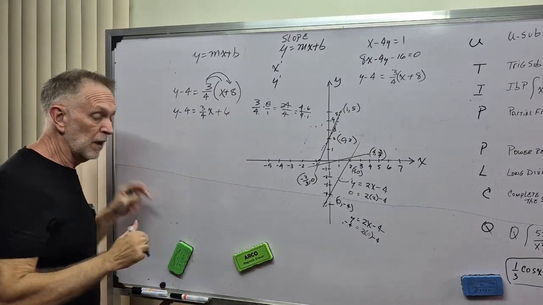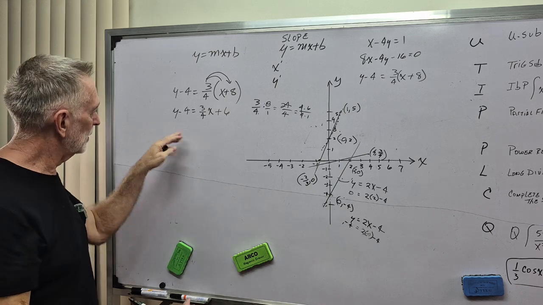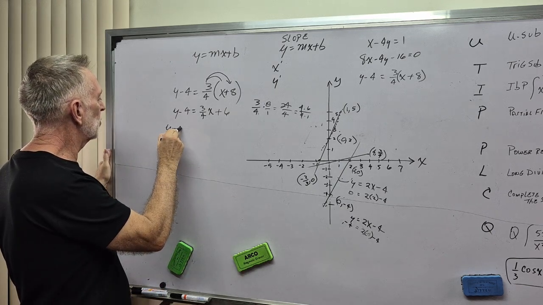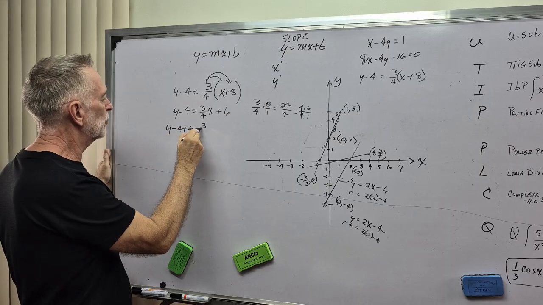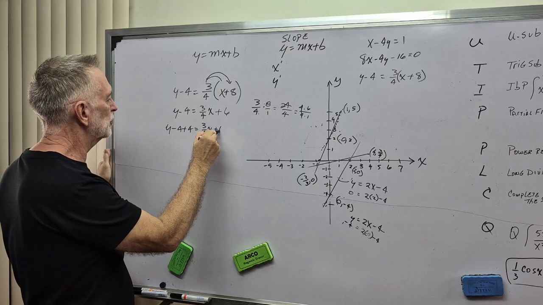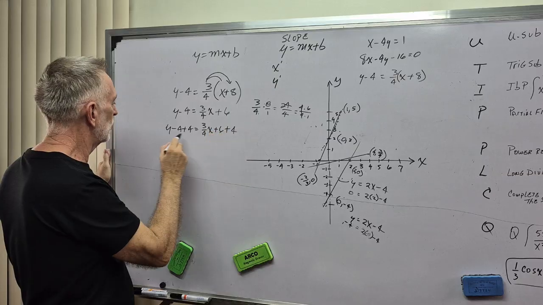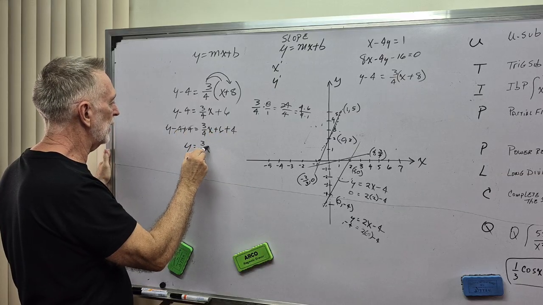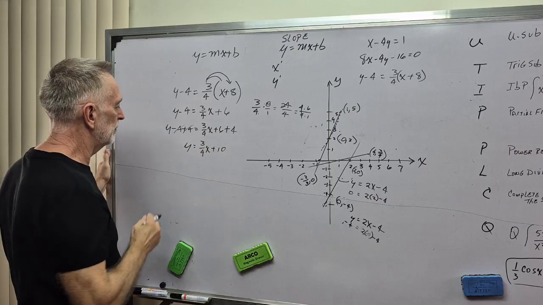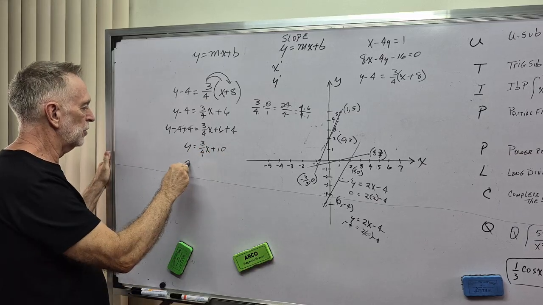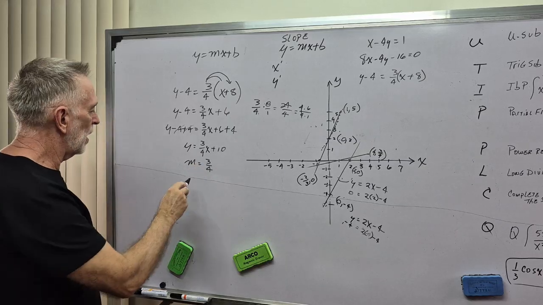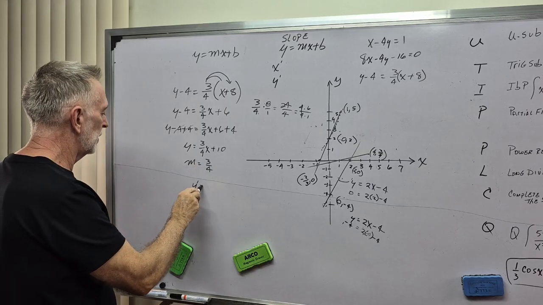Now I still don't have y equals something, so I need to add 4 to both sides. Y minus 4 plus 4 equals 3/4 x plus 6 plus 4. These cancel. Y equals 3/4 x plus 10. So my slope is what? 3/4. My y-intercept is what?